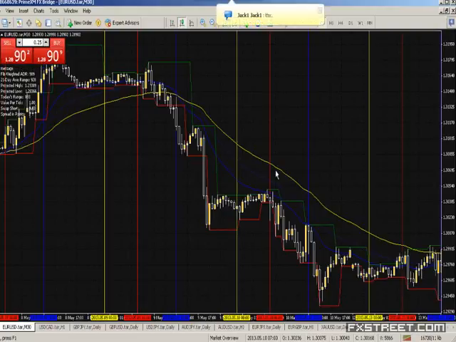Your European traders might want to close out their trades as the US market opens. So trading breakouts during the New York session is very tricky. It is prone to false breakouts. You're prone to pullback.